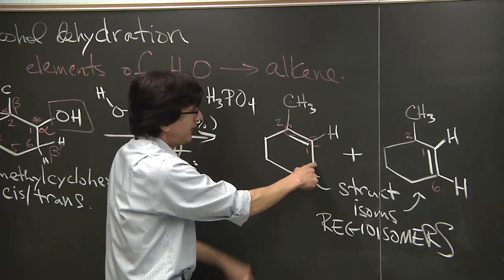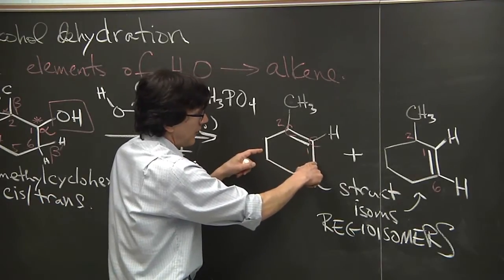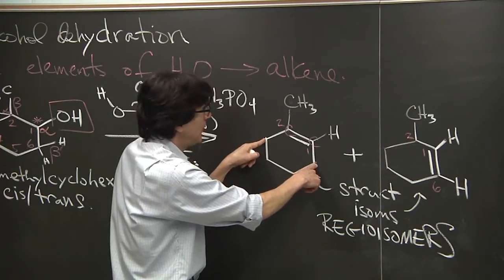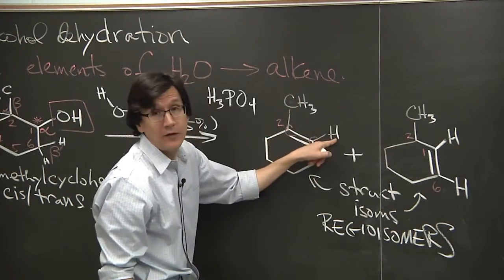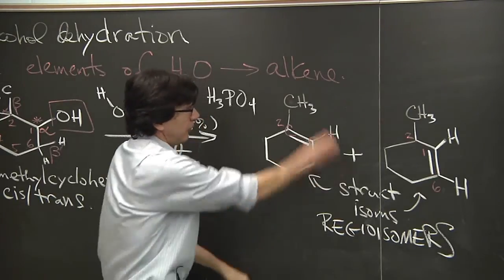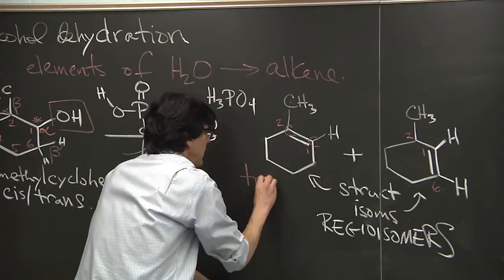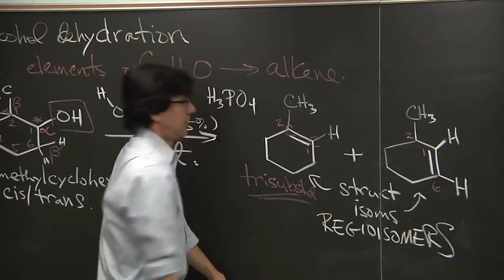Don't worry that this and this are attached by this ring. It doesn't matter. We still count this as a non-hydrogen thing, and this as a non-hydrogen thing, and this as a non-hydrogen thing. But of course, this is a hydrogen. So what kind of double bond do we have here? This would be a tri-substituted double bond.